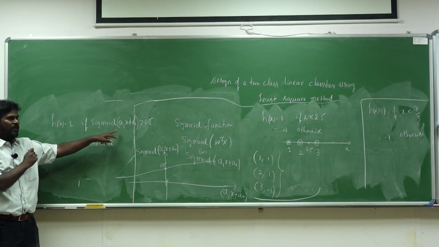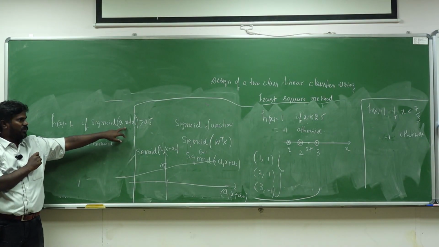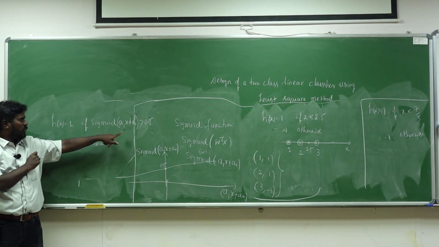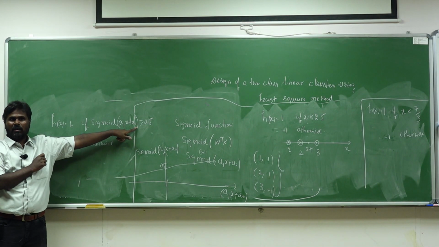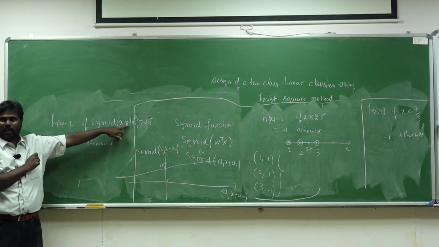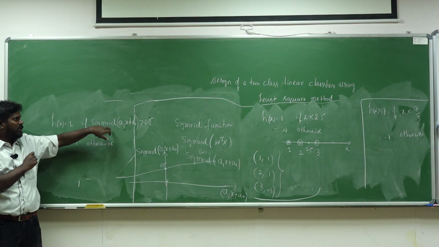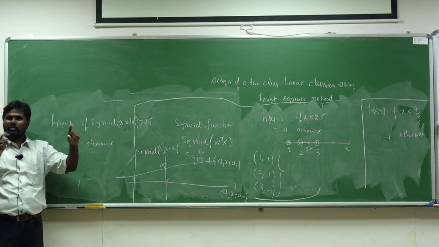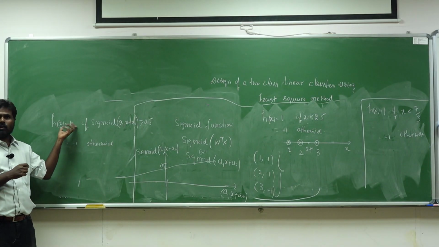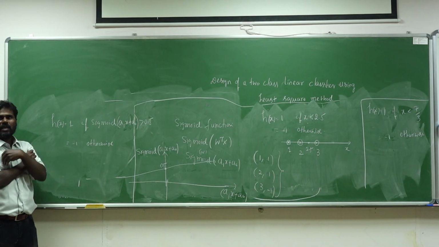For the given feature, I substitute here. I know how to get A1 and A0. I substitute for the given x, and I get this function value. If this function value is greater than 0.5, I would say x belongs to class 1.